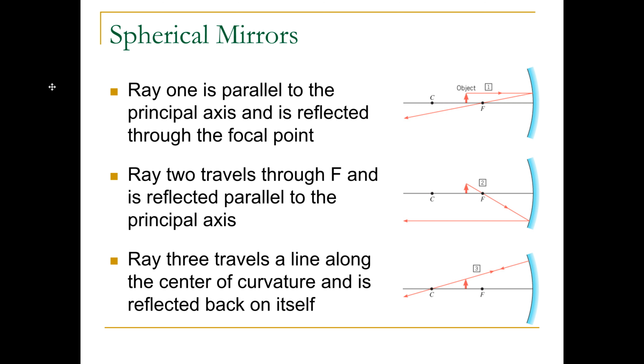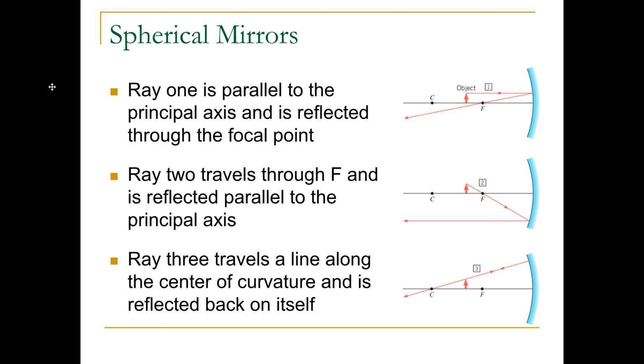The second ray, this middle diagram, you draw a ray that's through the focal point, then parallel or flat. Note that all of these rays are going to start on our object, and the objects will always be drawn as arrows that start on our principal axis, and then almost always they will point upward. So we'll draw all our rays as if they start from that tip of the arrow.